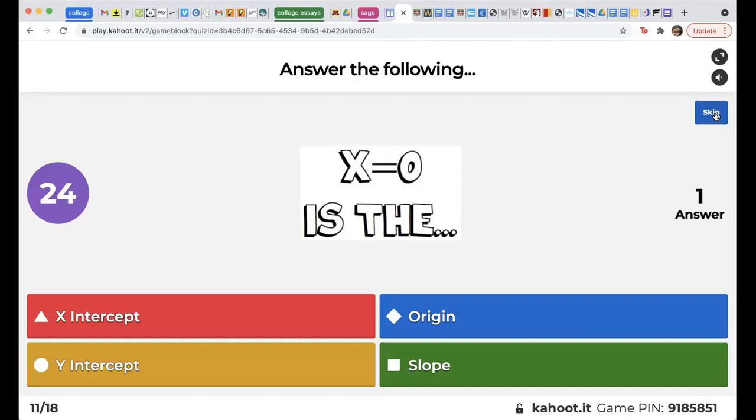x equals 0 is the red x-intercept, blue origin, orange y-intercept, green slope. Which one's y-intercept? Orange.